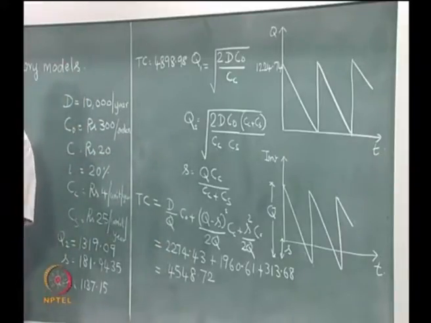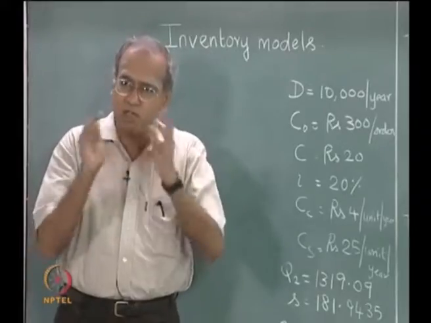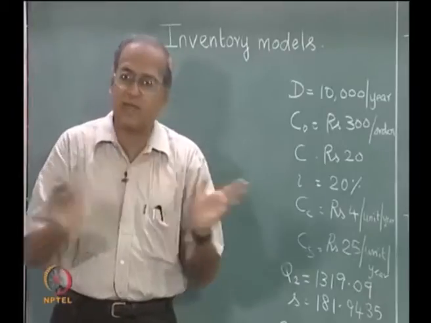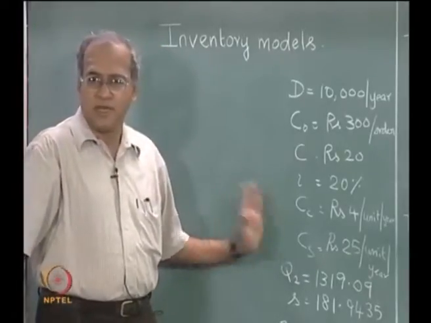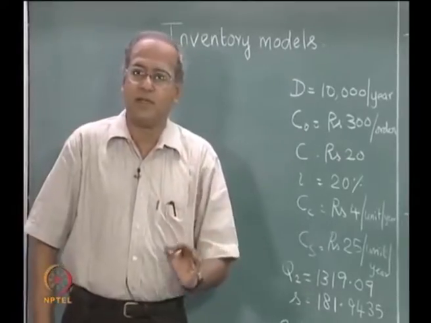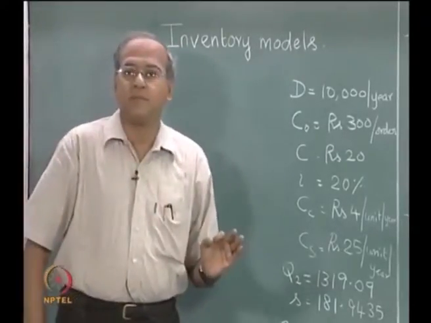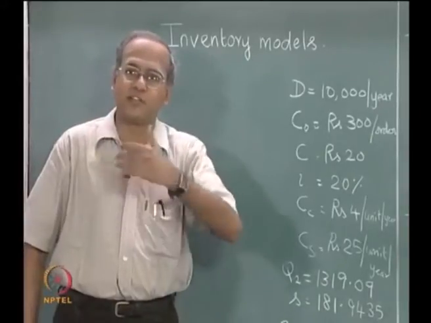But the actual way to look at it is, unless we are absolutely sure about the correctness in the computation of Cs, and we know that this is exactly the back order cost, and let us say we have included the loss of goodwill and all those intangible costs that cannot be measured easily, let us say we have measured all the costs, and if the organization is very clear that this is my back order cost and this is exactly what I am going to incur, there is going to be no delay to the customer, therefore there is no cost associated with this.